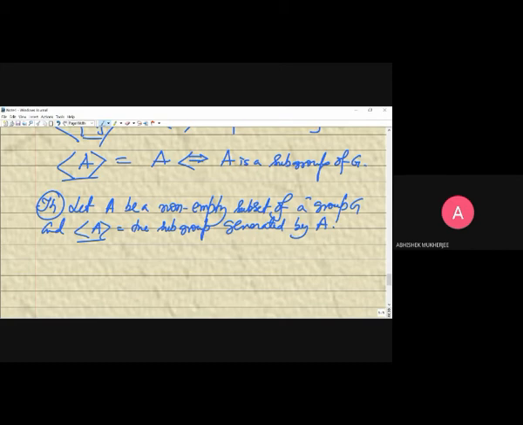How do they look? That is our interest now, how the elements of this group look.